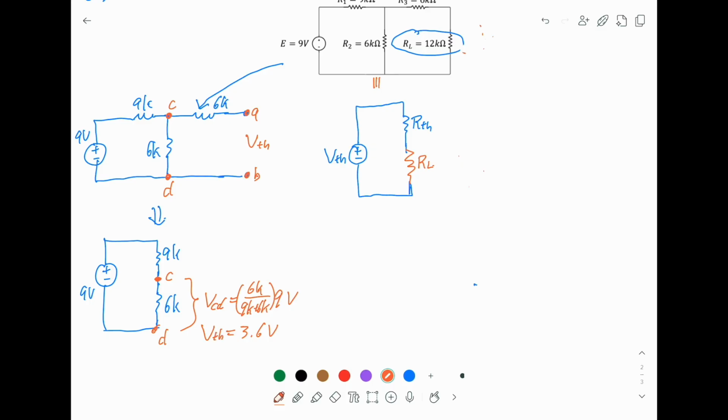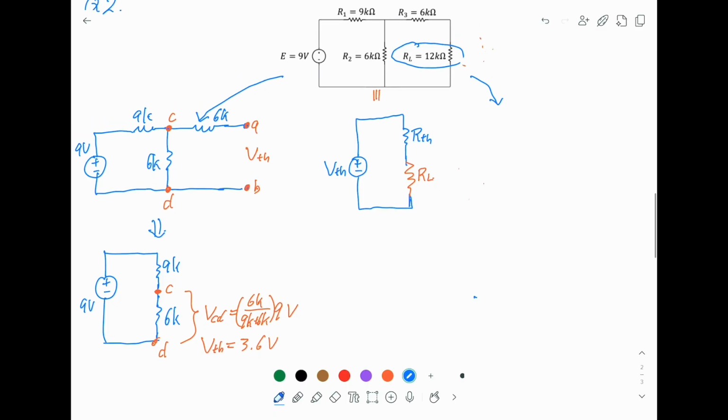So we first find out the Thevenin voltage. Next stage, we find the Thevenin resistance. We have to find it separately. So there's a rule here. Again, we draw the circuit. There's an additional thing you need to do, which is to kill all the sources in your circuit. The rule is, if you see a voltage source, you replace it by a straight line, it means a short circuit.